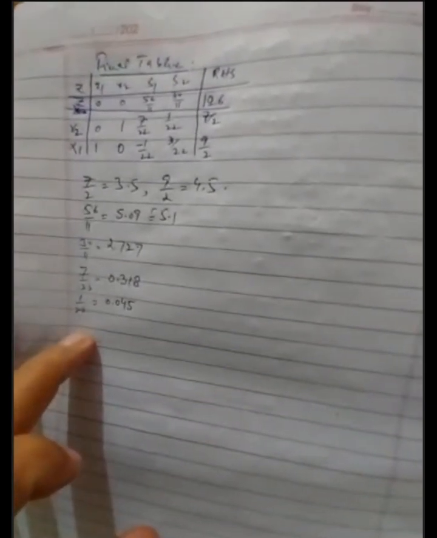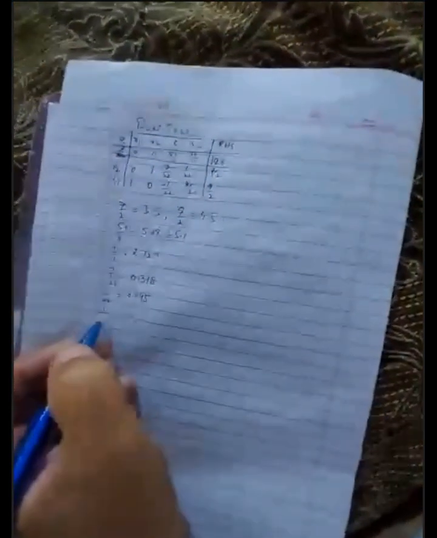Okay, so I'm writing all these fractions and converting into decimal. Only one left, which is 3 by 22. So 3 by 22 will be equal to 0.136. Okay, now making another table with the decimal values.